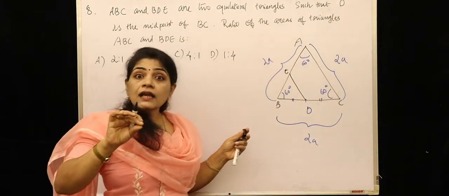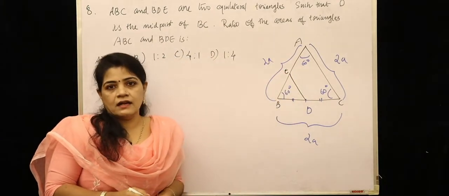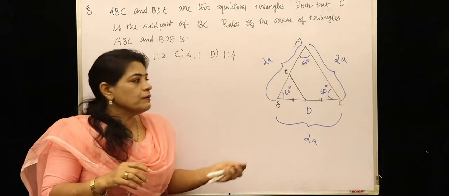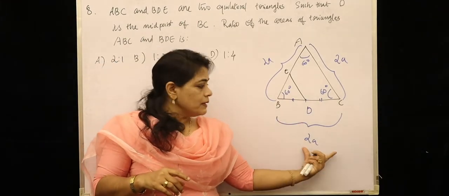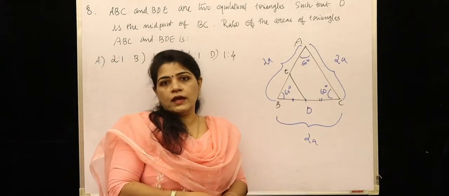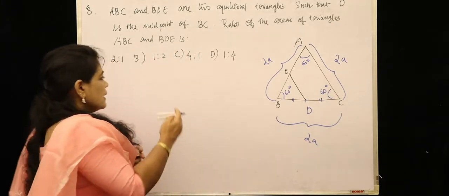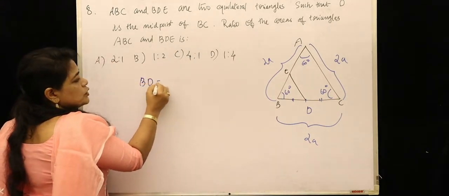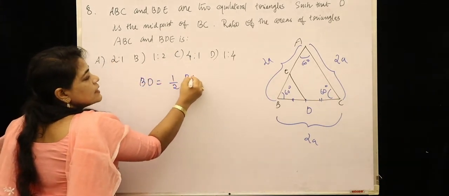Since BDE is also an equilateral triangle, and BC has length 2A, BD equals half of BC.